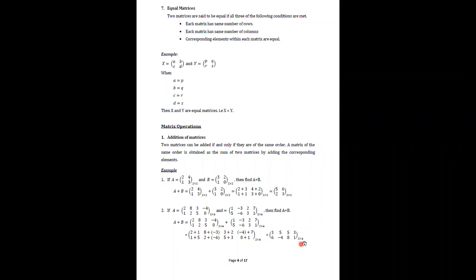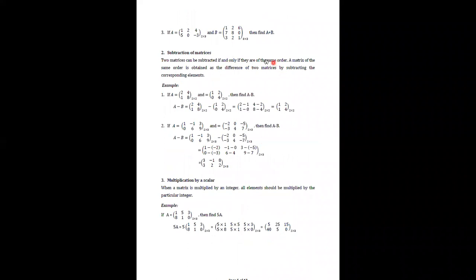Now, the order of the resultant matrix is similar to the initial matrices. Therefore, if you are adding any two given matrices which are conformable for matrix addition, the order of the resultant matrix is the same as the order of the initial matrices.